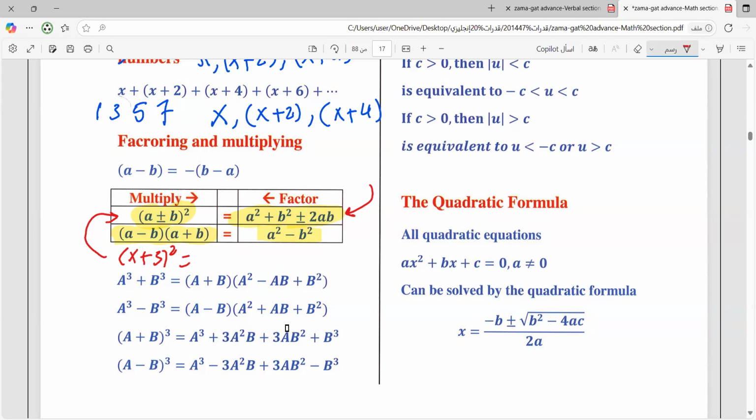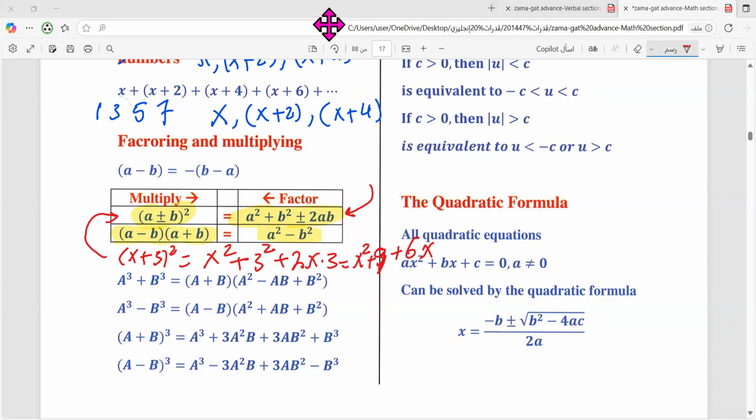So x will be x squared, the second one will be 3 squared, and the middle is positive, so we put positive, and we have 2 times x times 3. So 2 times 3 is 6. So it will be x squared plus 9 plus 6x. You know this rule before, my student? Yes. Good. This is the relation.